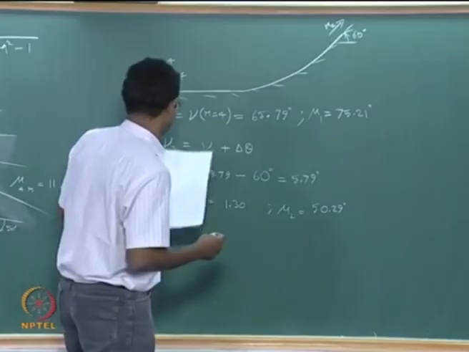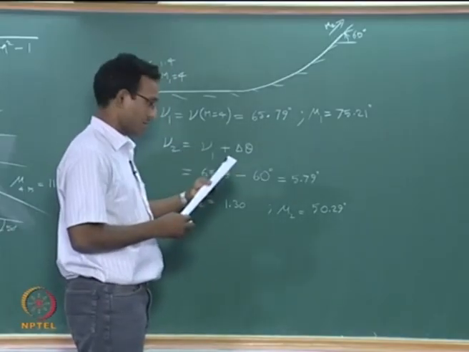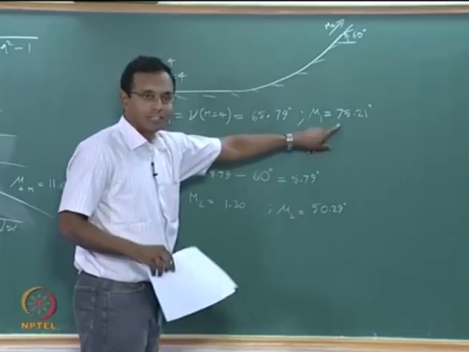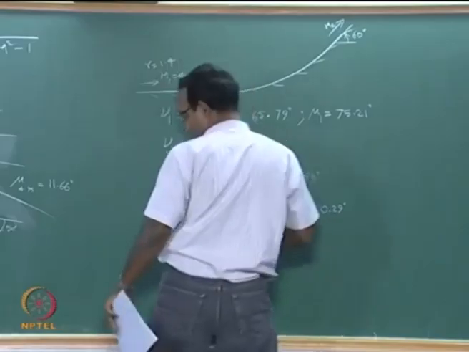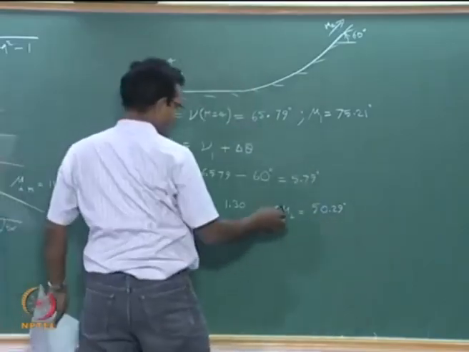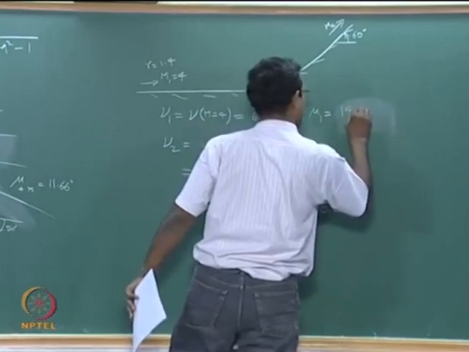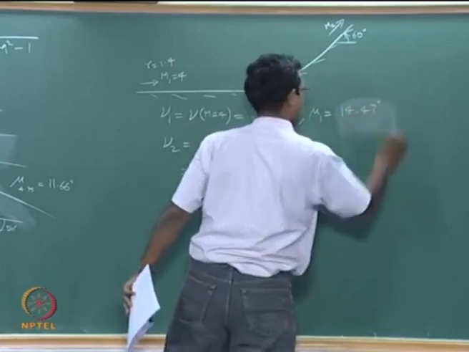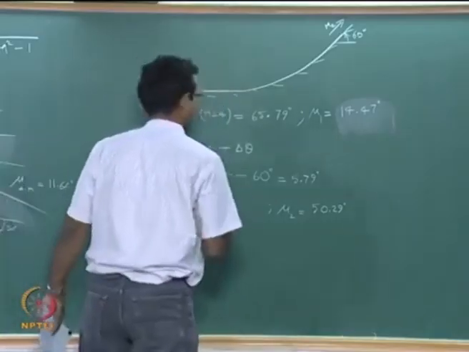I am seeing that there is a mistake there. This value sin inverse 1 by 4 is 14.47 degrees. Okay, we will use that number, and tell me the same for 1.3. What is this value? This is correct. Okay, good. Now I am more comfortable with this.